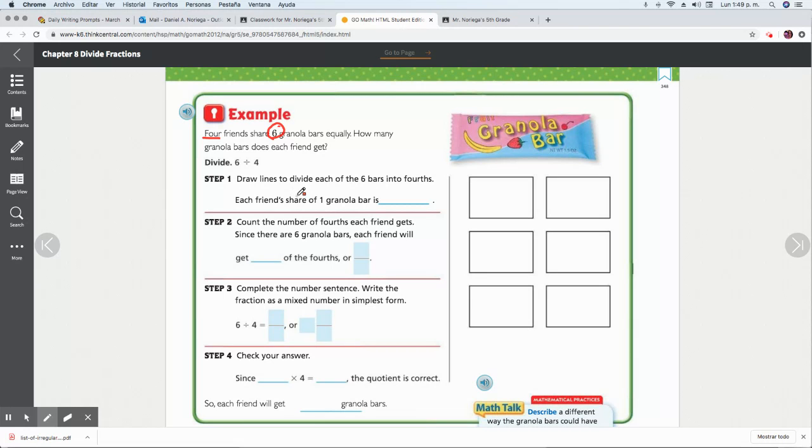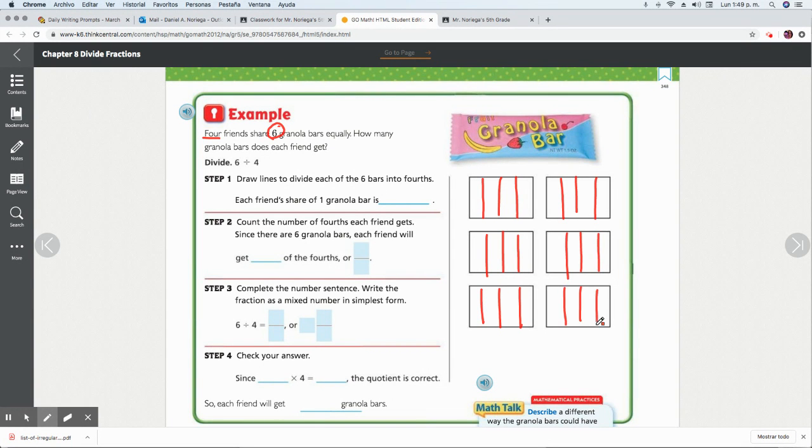The first step will be to divide each granola bar into fourths. Okay, so we need to do the same thing for all of them. Divide each of them into fourths.